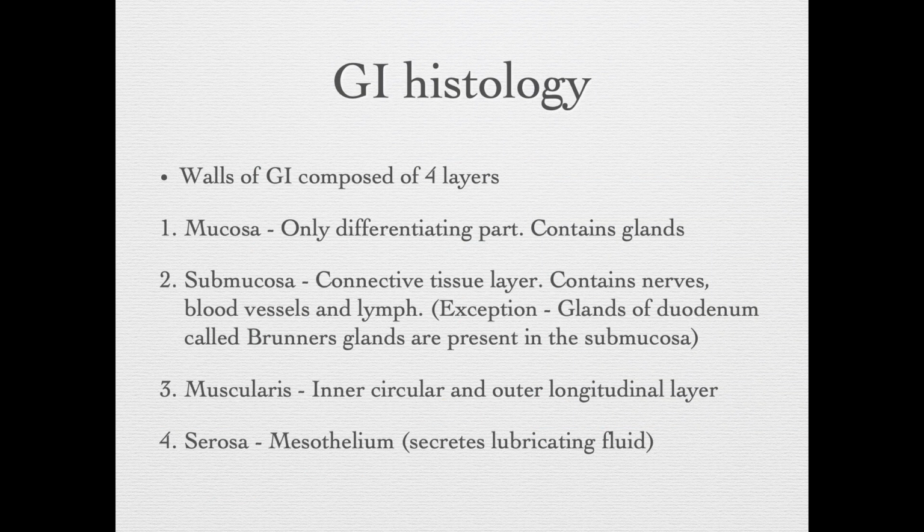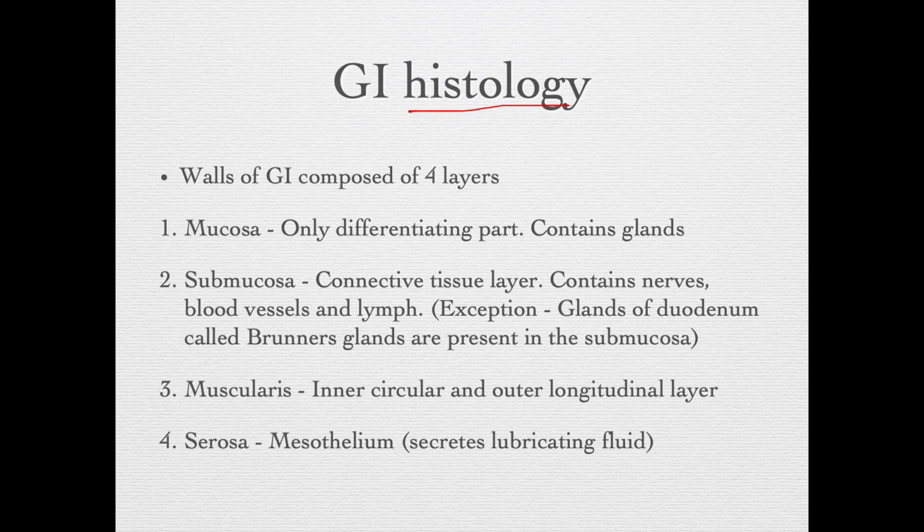In this section, we will learn about the tissue structure of the GI tract in a subject known as histology. So histology is a branch of anatomy which deals with the tissue structure of an organ or an organ system, and this is in fact a major subject in your medical school.